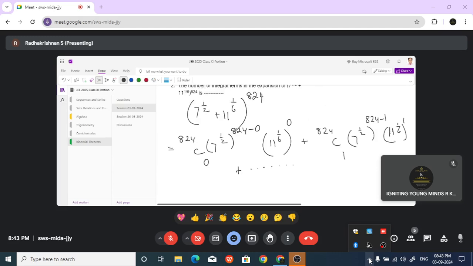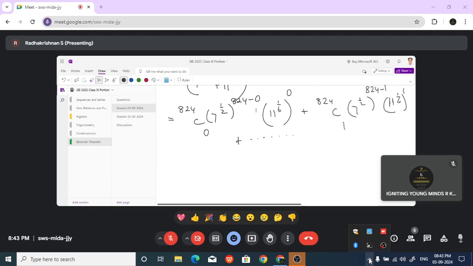So the only non-integer terms will be either this one or this one. The non-integer component of the term also has to be an integer, only then the whole term will be an integer. If either one is irrational, then the whole term will become non-integer.